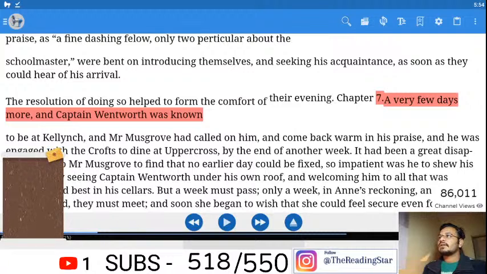Just want to keep it very low. I want to focus on the reading first.